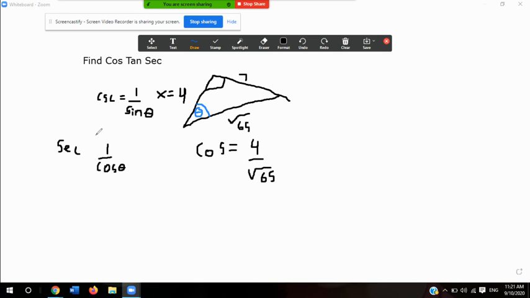So the first thing I'm going to do is just substitute. I'm going to say secant is going to be 1 over 4 divided by the square root of 65.